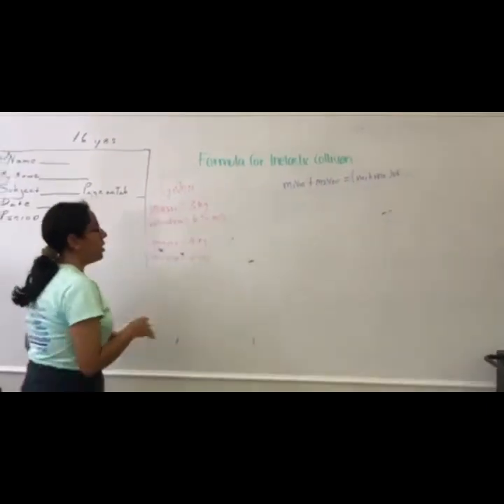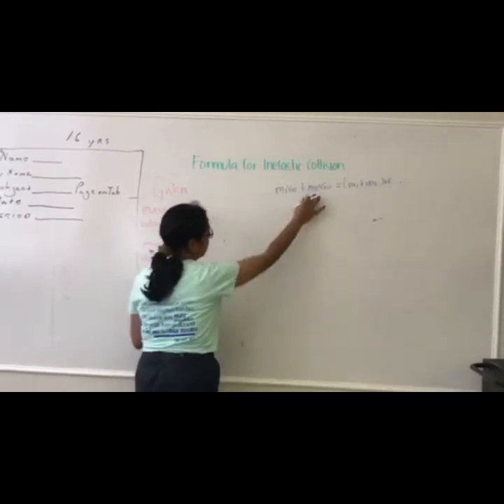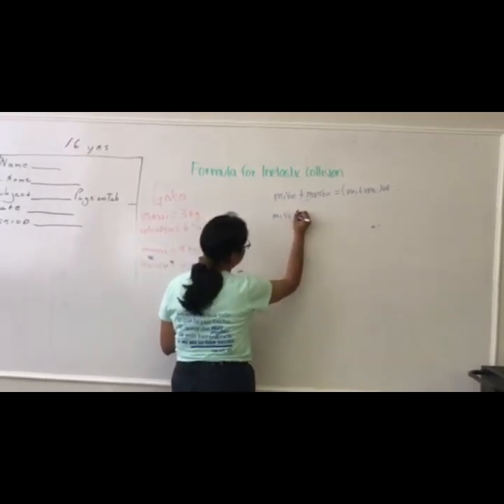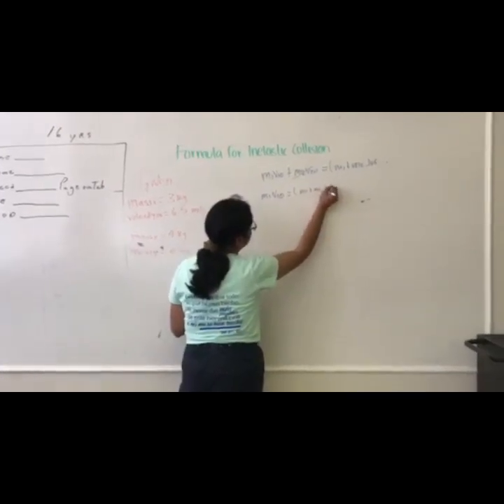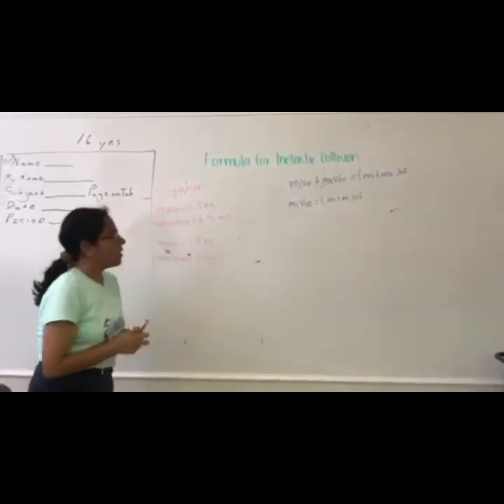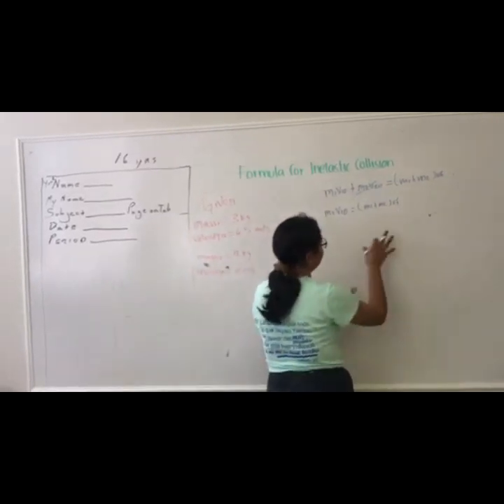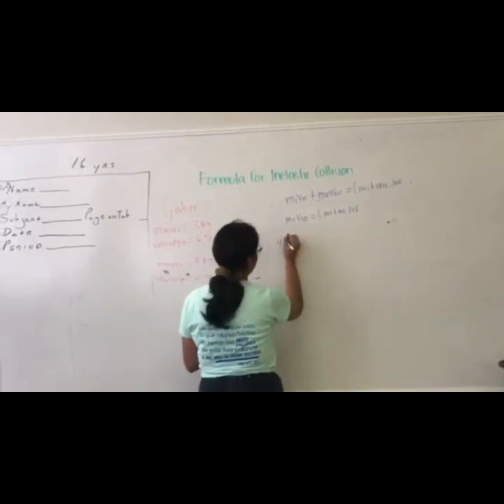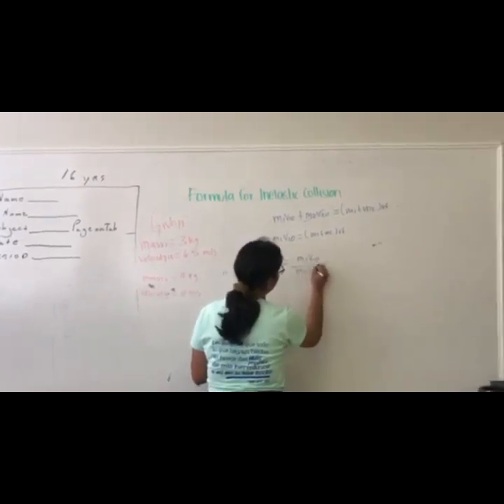Since the velocity of the second object is 0, we can cancel that term, and we get m1 v1 naught equals m1 plus m2 times v final. Part A asks for the final velocity, so we move m1 plus m2 over to solve for v final. So v final is equal to m1 v1 naught over m1 plus m2.